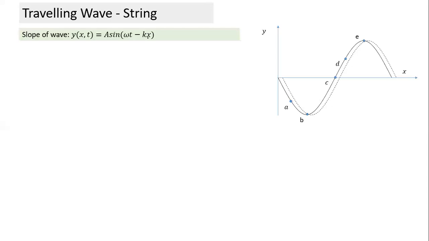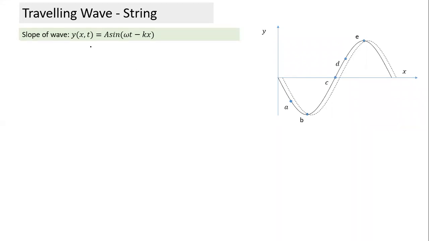For any given x, the nature of motion of the particle is along the y-axis. So for any particle on the string, this x coordinate does not change. That's the transverse wave. A is the amplitude. In case of a string, whatever amplitude of oscillation we have at the source, all points undergo the same amplitude.